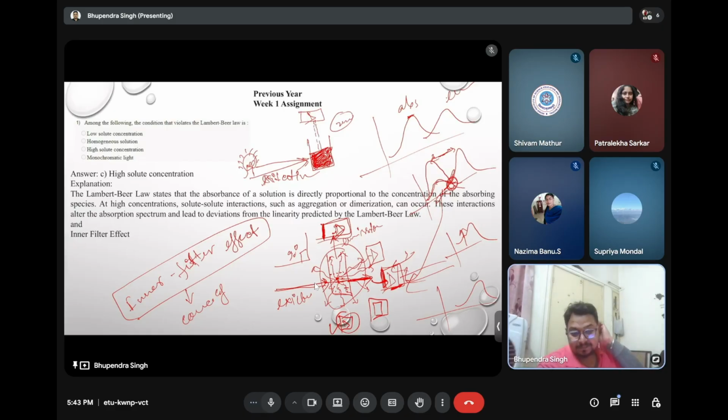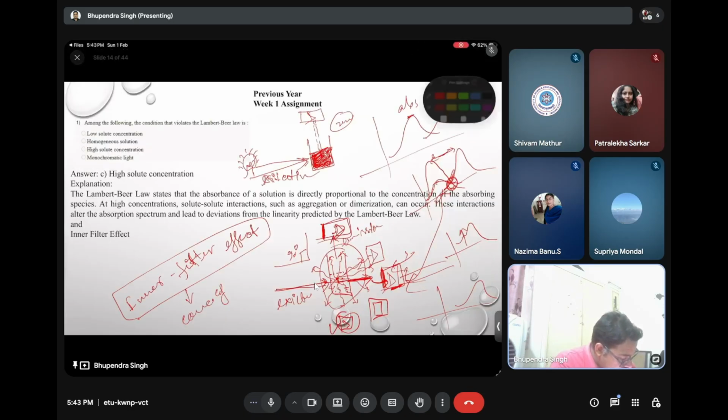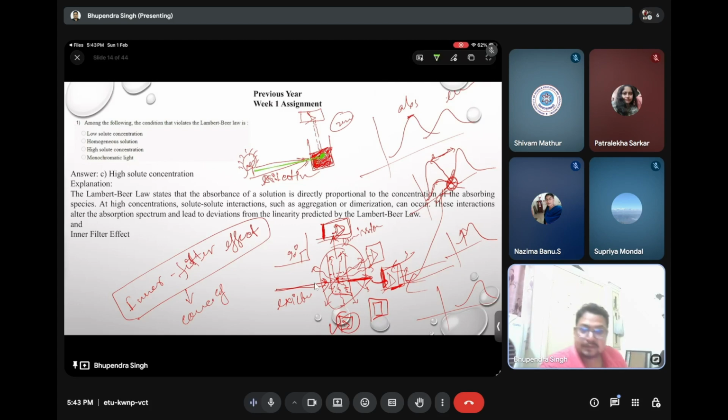Whenever we excite the sample with the lamp, only this green part, I think you are able to see, only this green part, at the position of green, the molecules are going to get excited, and their emission will be detected by the detector.